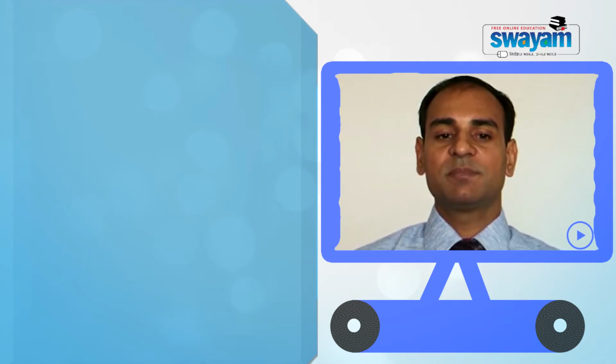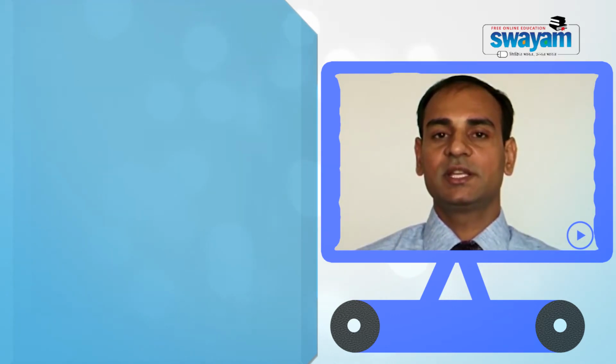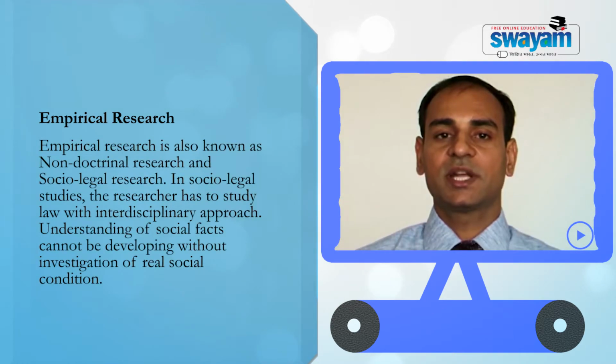Next to the doctrinal research method, a method which is commonly used in socio-legal research is empirical research, also known as non-doctrinal research. In empirical research, the researcher does not rely on the information coming from a second source, coming from other sources.